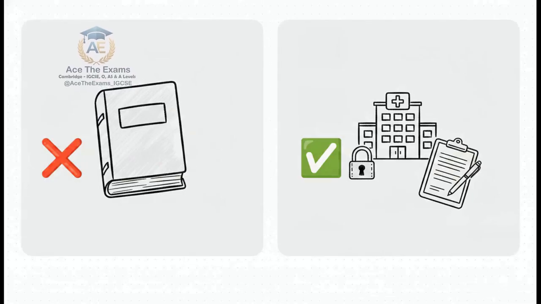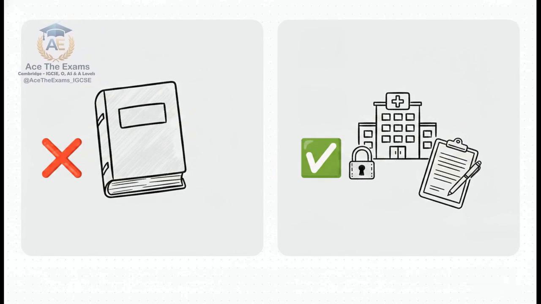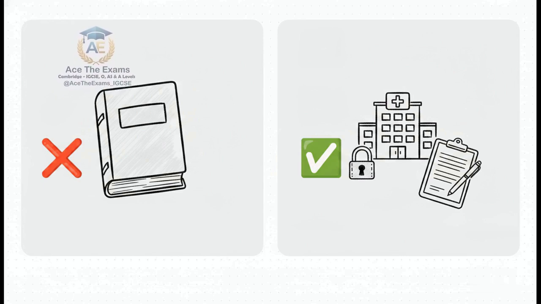Look at this comparison. The absolute most classic mistake is on the left, the generic textbook definition. You must always link every single point to the specific scenario provided in the question. Examiners call this an examiner alert for a reason. If the question gives you a scenario about a busy hospital's operating system security, your answer cannot just be a copy-paste of a generic local area network definition.